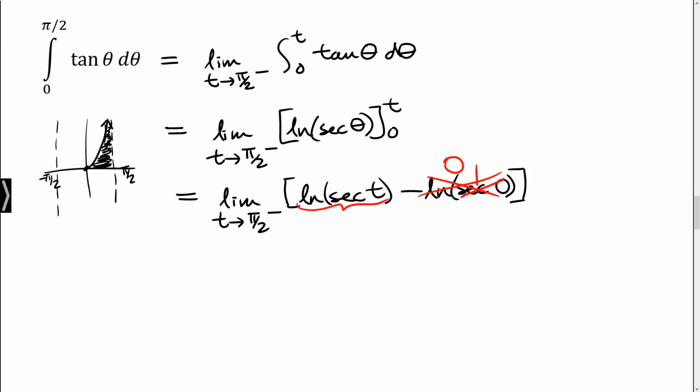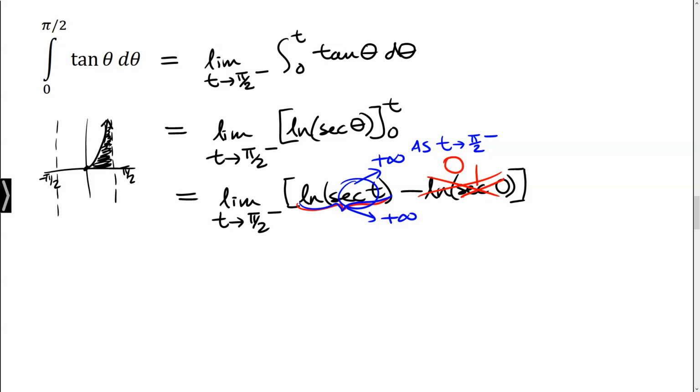So secant is approaching plus infinity as t approaches pi over 2 from below. And that means the natural log of something blowing up to plus infinity is also going to approach plus infinity. So this is going to diverge.